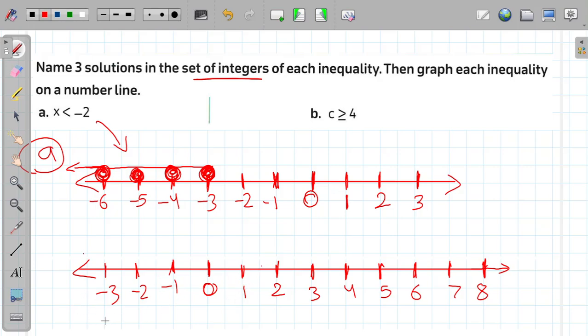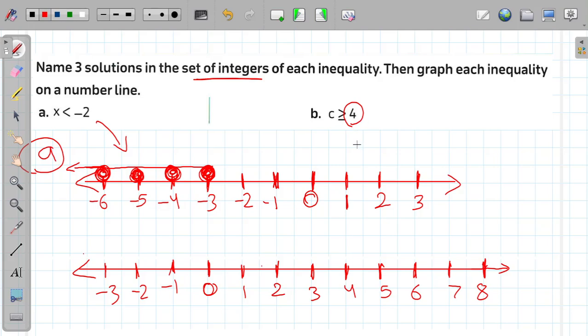I don't have any negative numbers because C here is more than or equal 4. So all of my solutions here are positive numbers. Okay, and the starting number here, or the minimum solution for the inequality, will be 4, because the inequality says that C is more than or equal 4.